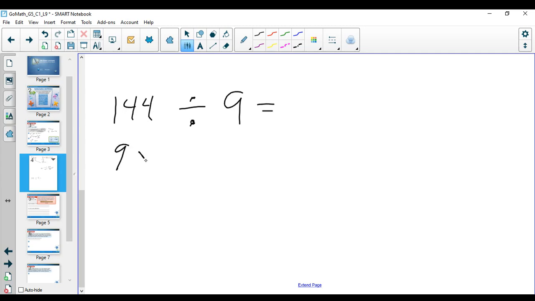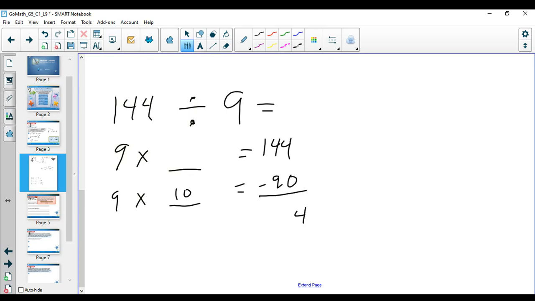One way that I can do this is I can use the same strategy that I used yesterday in 1.8, and I can use the distributive property. I can think to myself, well, 9 times 10 equals 90. And 144 minus 90 leaves me with 54. Then I say to myself, 9 times 6 equals 54.